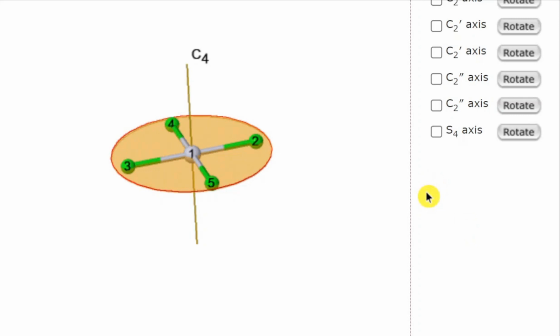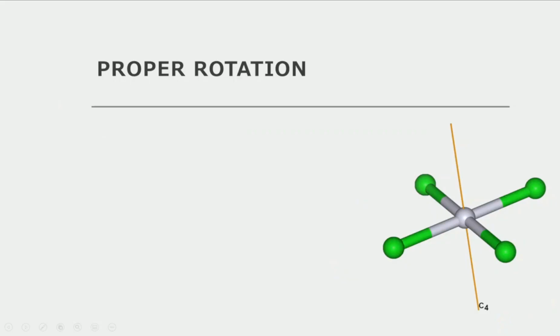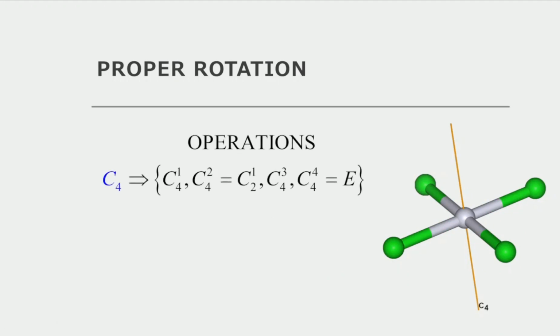Now if I carry out 2 successive C4 rotations about the same axis, which is usually represented as C4 square, which has the same effect of a single C2 operation, right? That is, 2 successive 90 degree rotations is equivalent to a single 180 degree rotation. So normally C4 square operation is usually written as C2 operation.